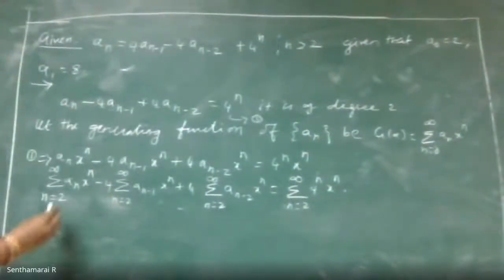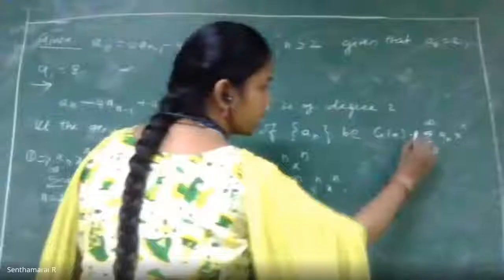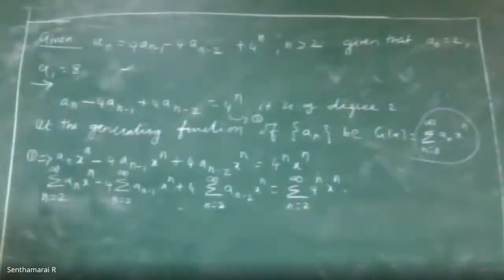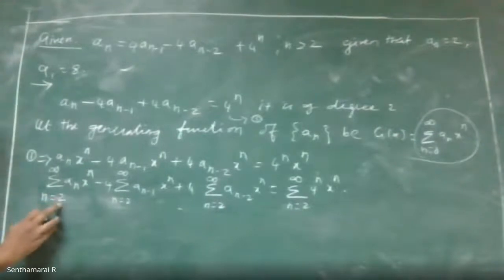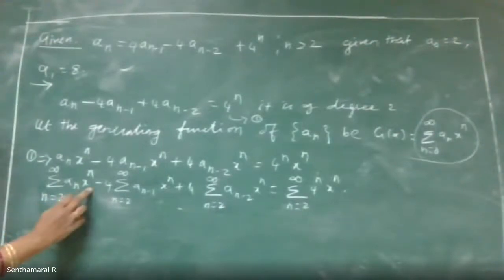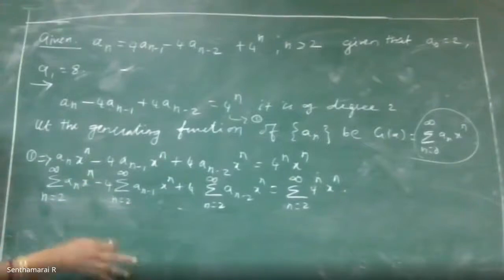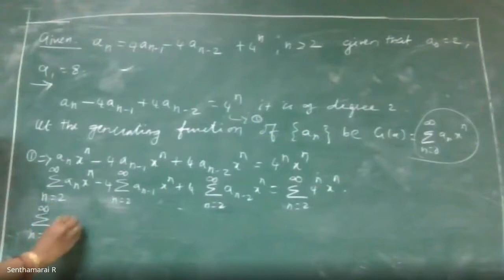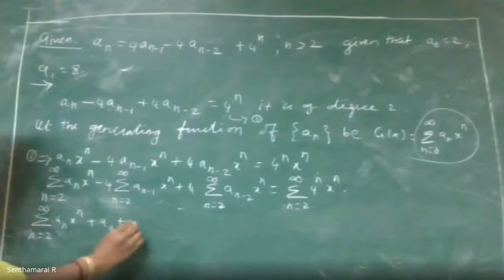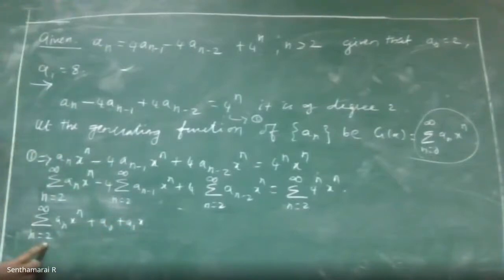Now what we need is to write each and every summation so that it starts with 0. When I change it to start at 0, I have to add 2 terms, and for that I have to subtract the same terms so that the equation does not change. So the summation n equal to 2 to infinity a_n x^n: the terms I need are a0 plus a1 x, to change it to summation over n equal to 0 to infinity.